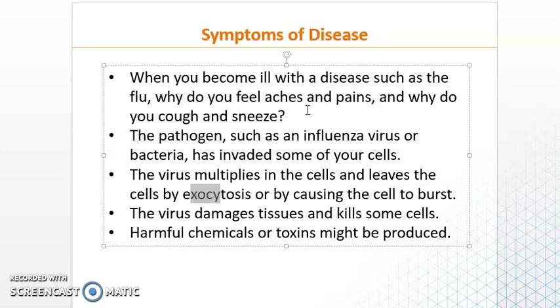By entering the cell, reproducing inside, then leaving the cell by damaging it, or by secreting some toxins that can kill the cell, or by invading the cell from outside, killing and destroying it. So the symptoms will start to appear when one of these actions happens by the pathogen.